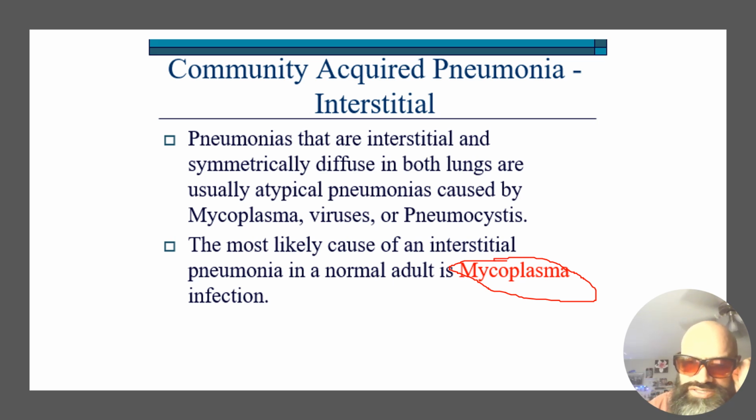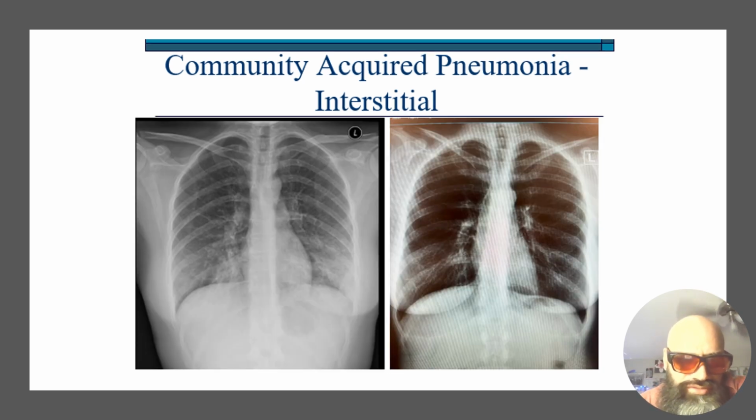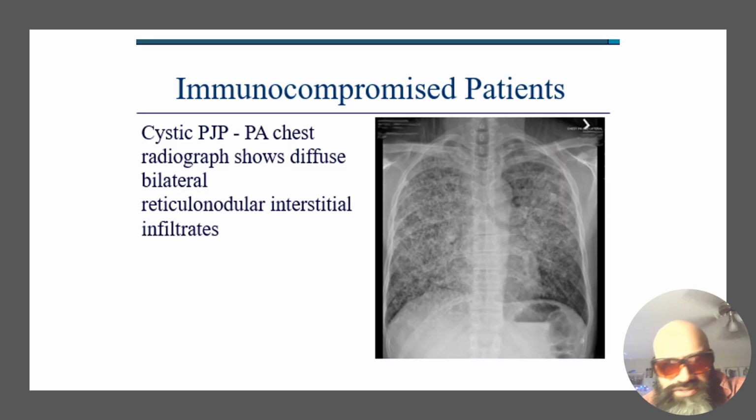So notice it's in the color red, mycoplasma infection. So if that were to show up as a question or anything else, you'll know the answer to that. So we have diffuse interstitial pneumonia here, located around here. So this is the etiology of mycoplasma bacterium.